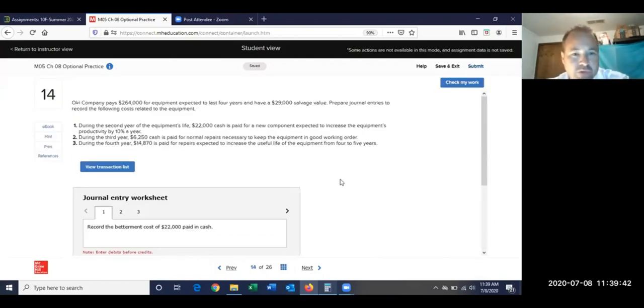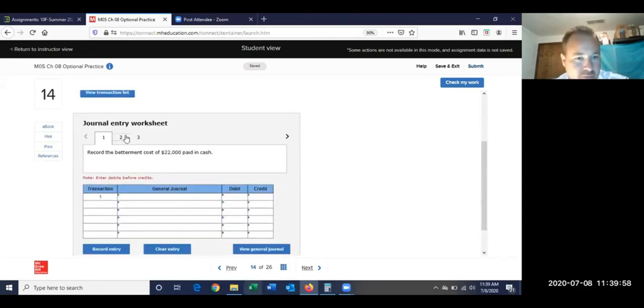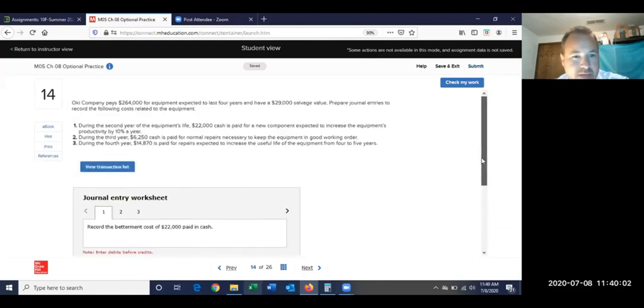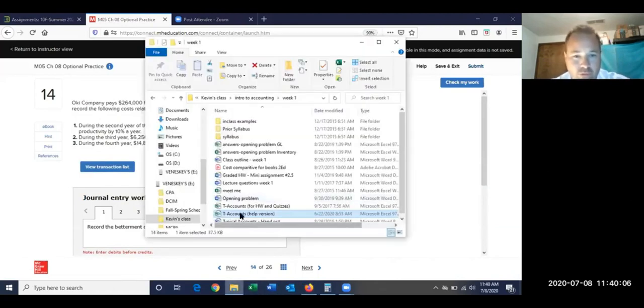Okay, let's go ahead and do this one. This one is kind of a mix of adding into the capital cost of the asset or calling it a normal expense. I don't think there are any T accounts, but I like to keep T accounts sometimes when a problem has more than one or two little parts.